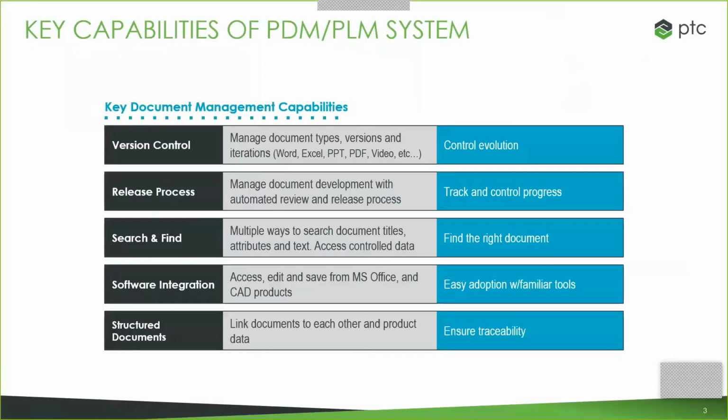This will help you to manage all types of versions and iterations, have automated review and release processes, provide role-based security to your data, and the ability to access all sorts of file types from Microsoft Office documents to various CAD softwares, as well as provide a way to link your documents and CAD data together so that if one changes, you can see how it affects other items.